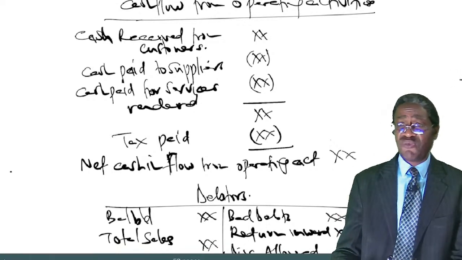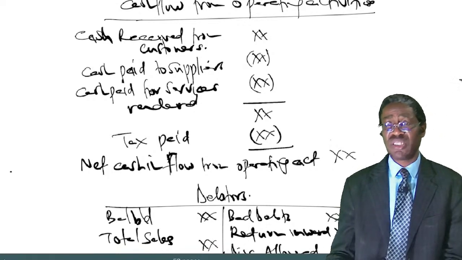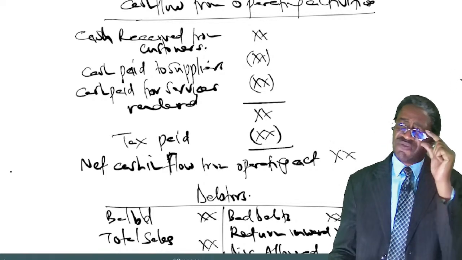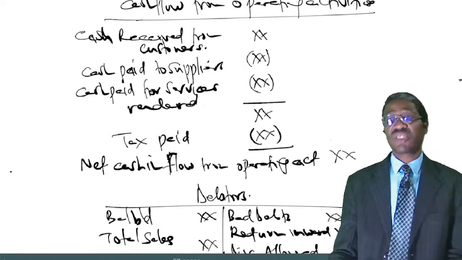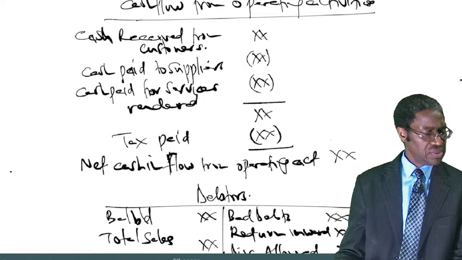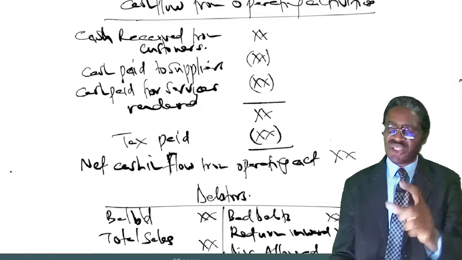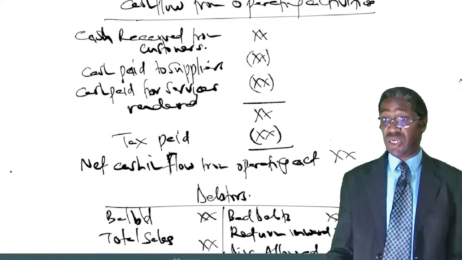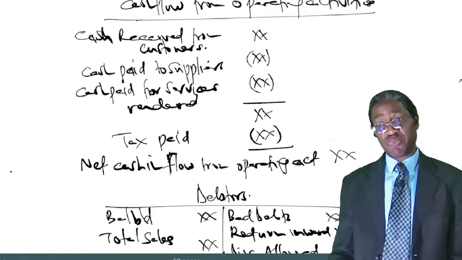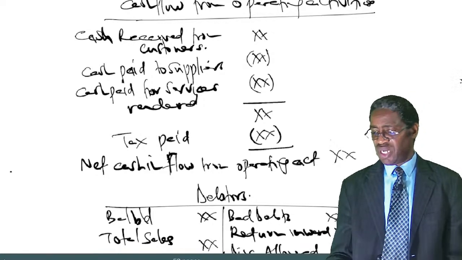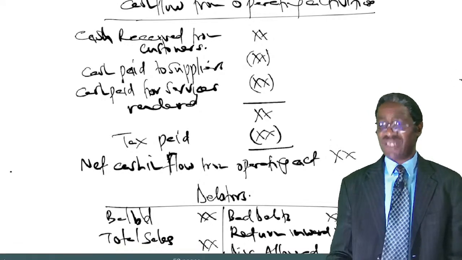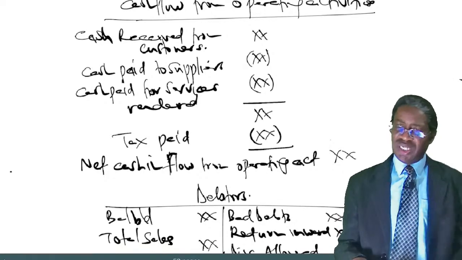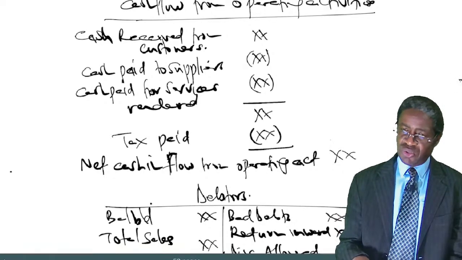Then another paragraph, if you are through, you can say this. To determine the cash received from customers, a debtors account is prepared as follows.